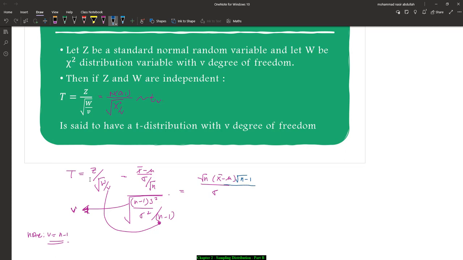So this one I bring up, so this one sigma, and this one should be square root of n minus 1 s square over sigma square. Right? Now I simplify from this formula to this, right?